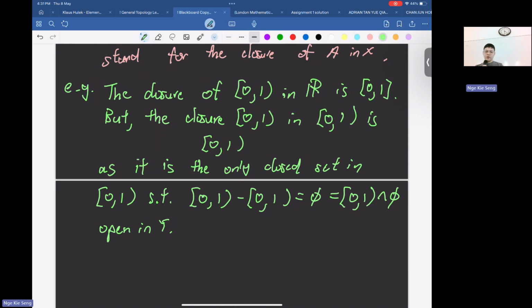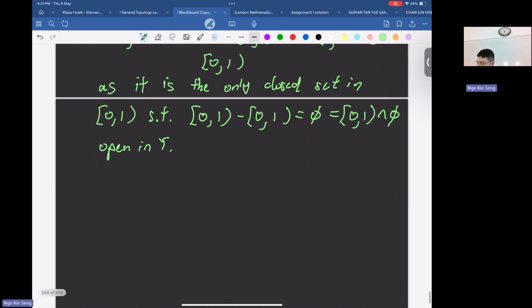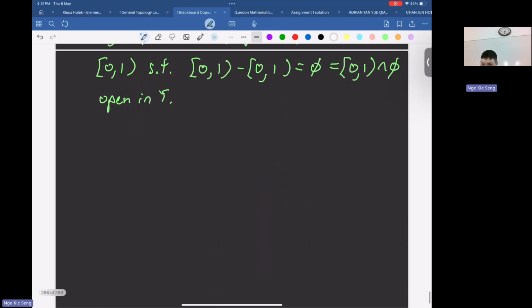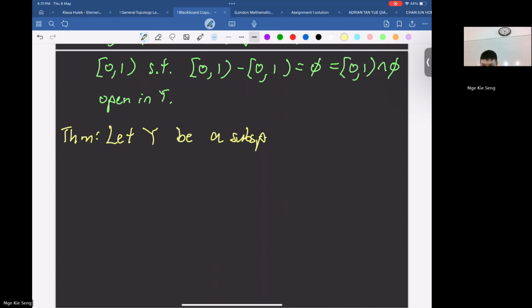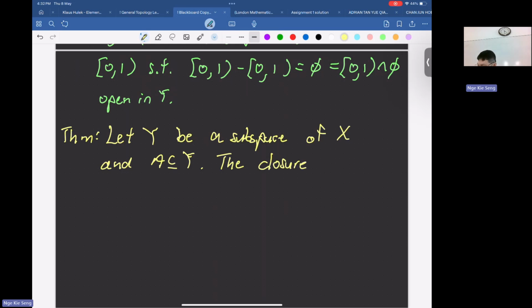So how are we going to talk about the closure of a subset in a subspace topology? Let's put a theorem here. Let Y be a subspace of X and A be a subset of Y. What is the closure of A in Y?